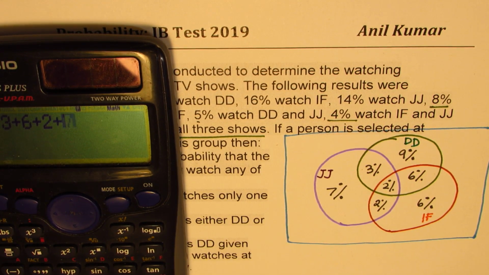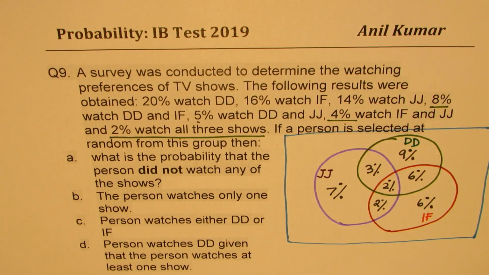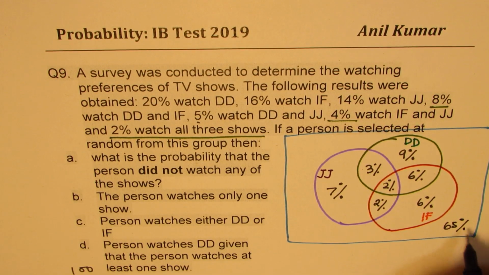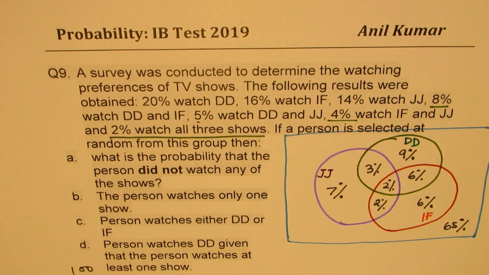So we get plus 7 plus 2 plus 6 equals 2. In all we have 35. So the numbers inside are 35, correct? So if I take away from 100, how much do we get? 65%, right? So 65% do not really watch any of these shows, correct?